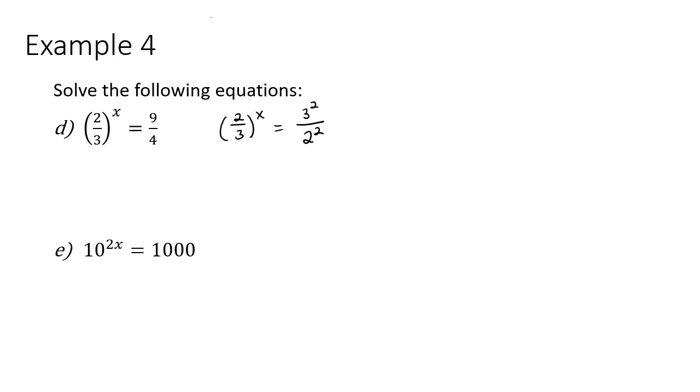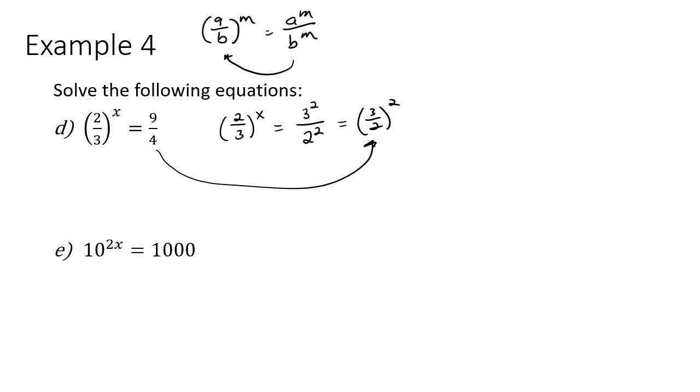Well, recall from properties of exponents that if you have a fraction raised to a power, you just raise the numerator and denominator to that power. So if we use this property in reverse, 3 squared over 2 squared, 9/4, would have to be 3/2 squared. Right? And it's entirely possible that you could skip this middle step and go straight to recognizing the fact that 9/4 is 3/2 squared. That's also fine.